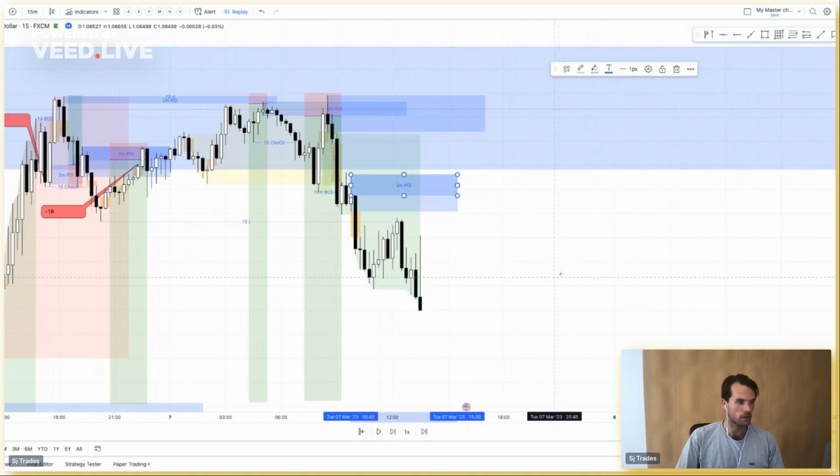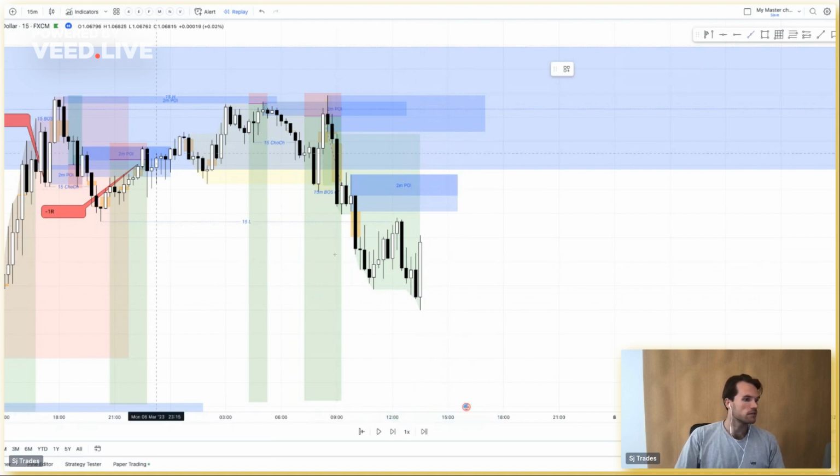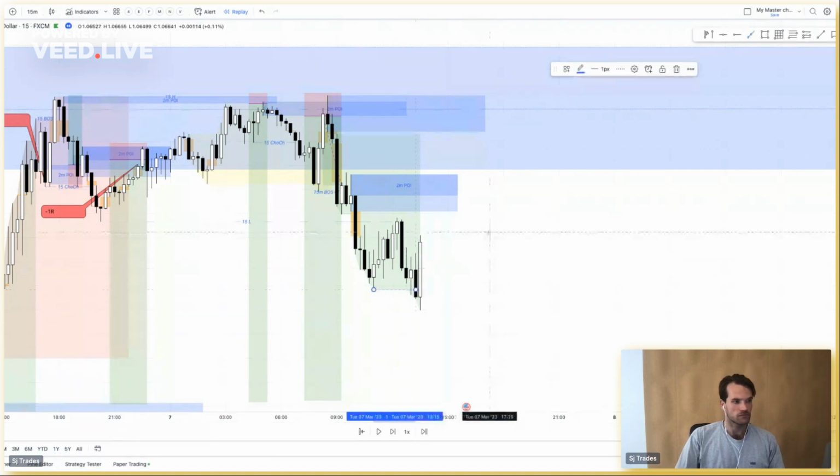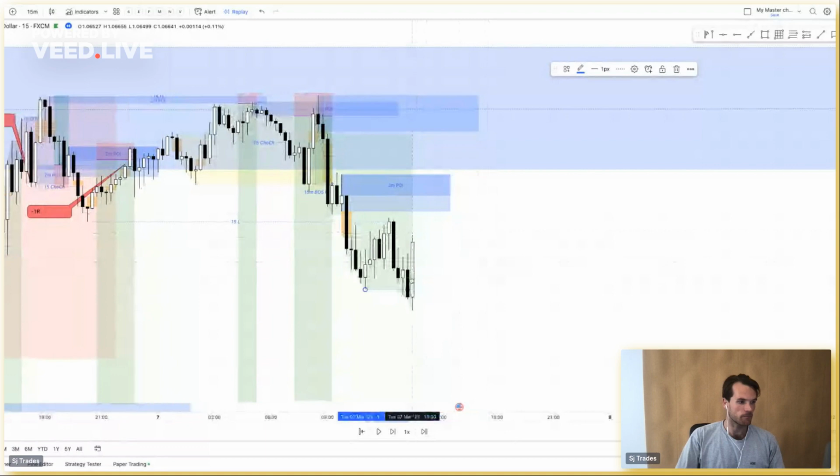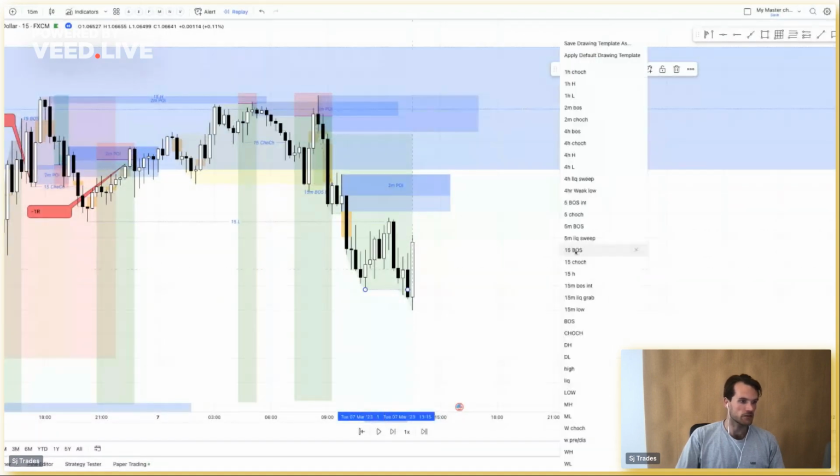All right. We have a sweep, then engulfing. For me, this is, what's the time? Guess you could almost call it a breaker structure. It's not very strong.